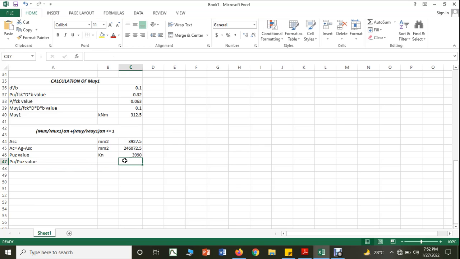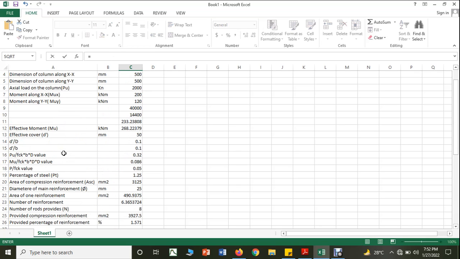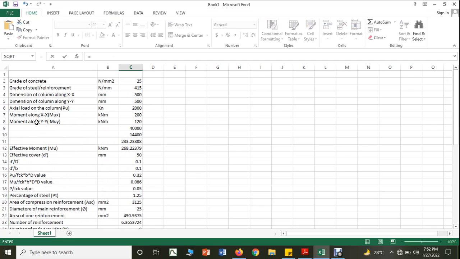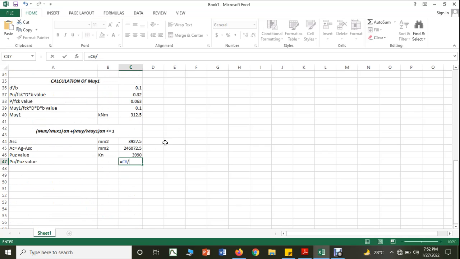What is the value of PU I have? The value of PU is 2000 divided by PUZ, so that will give you 0.5. I can round it off, so 0.50.